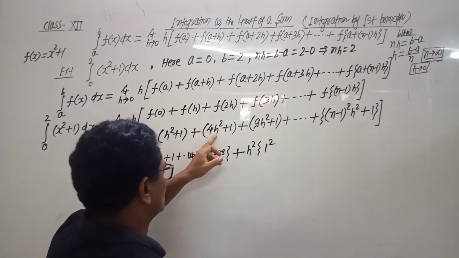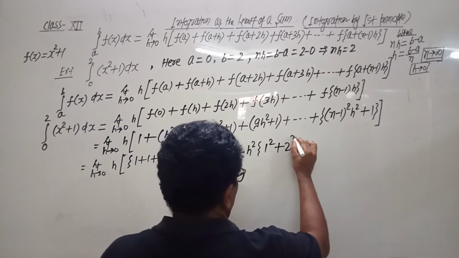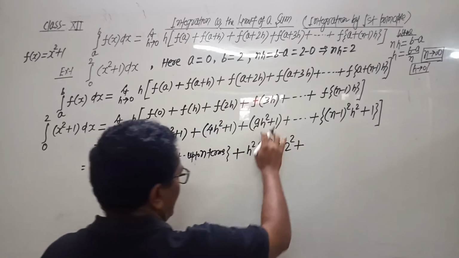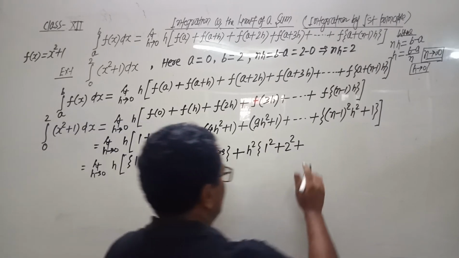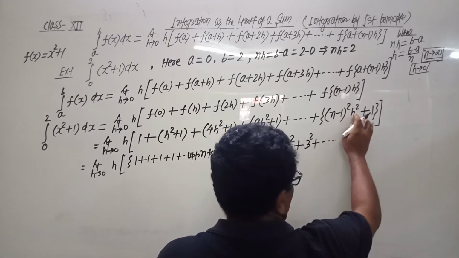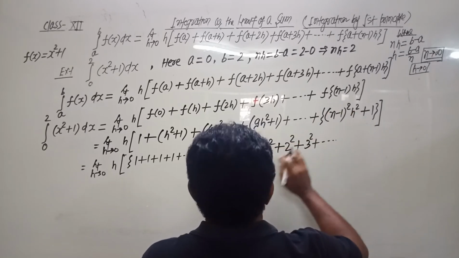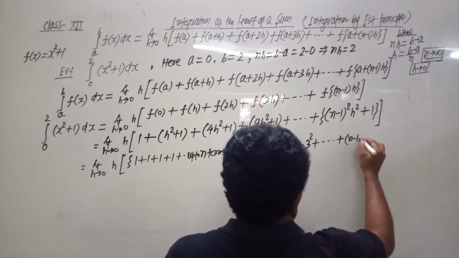This is 4h square, we have taken h square common, so 4 is written as 2 the whole square. Here we have taken h square common, so 9 is written as 3 square, and plus up to here h square is taken common, so we get n minus 1 the whole square.